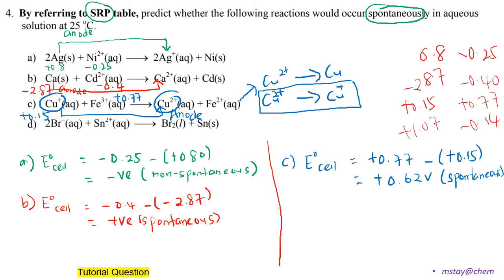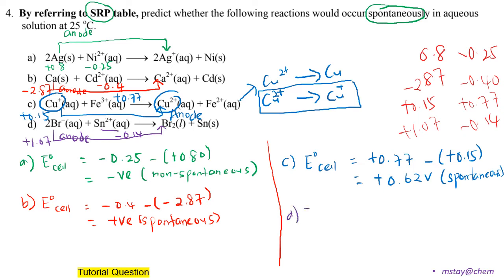Okay, last part of question number 4D, Br negative to Br2. From negative 1 up to 0, the oxidation number increases. So again, this is the anode. When we refer to the SRP value, this one is positive 1.07, while the cathode Sn2 plus is negative 0.14.